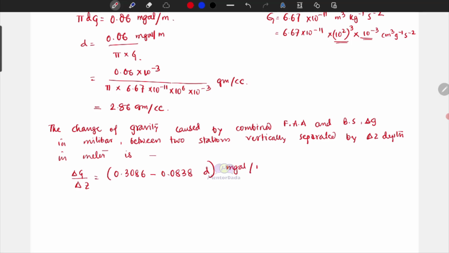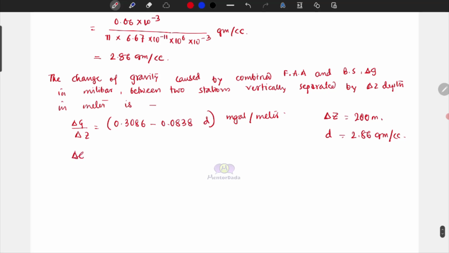Okay, so here del Z equals 200 meter and D equals 2.86 gram per cc.